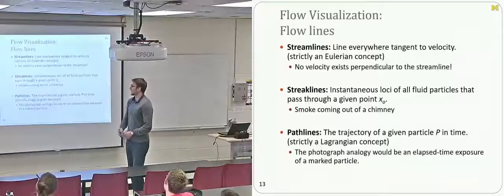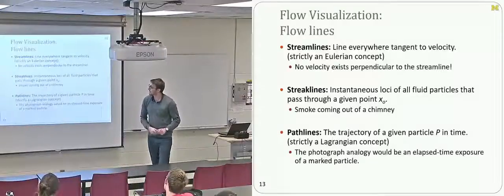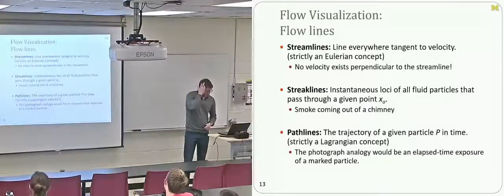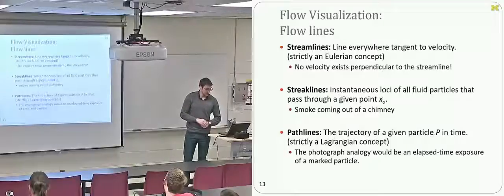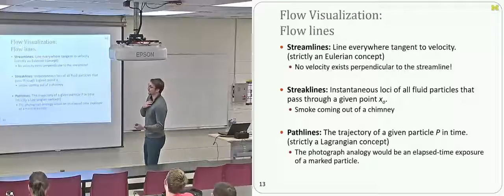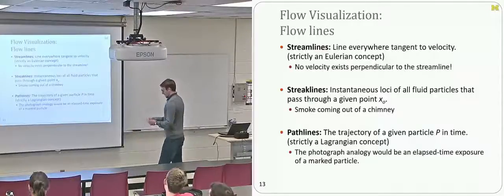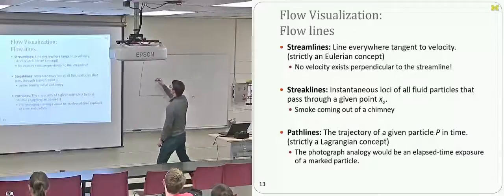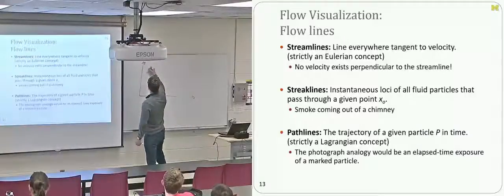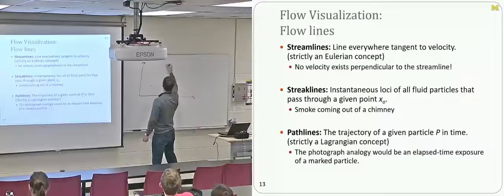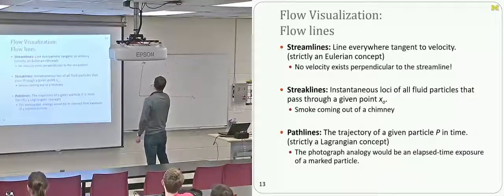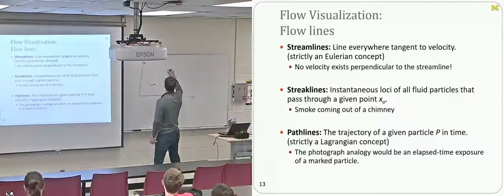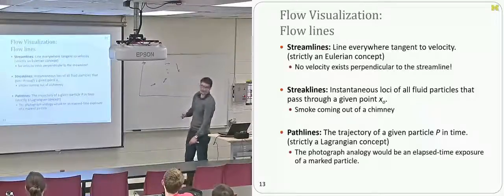Review, we've got streamlines, streaklines, and pathlines. Recall that streamlines are a very Eulerian concept. This means if we know the velocity everywhere, we have our Cartesian grid, x, y, and we just happen to know that the velocity at these points goes in these directions.